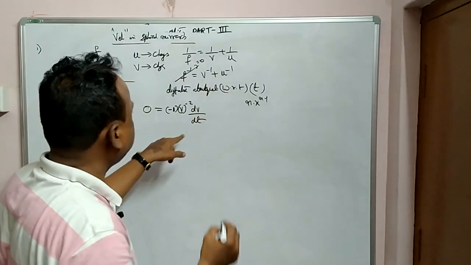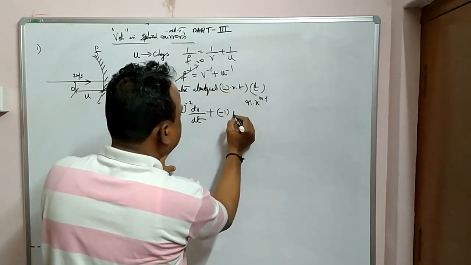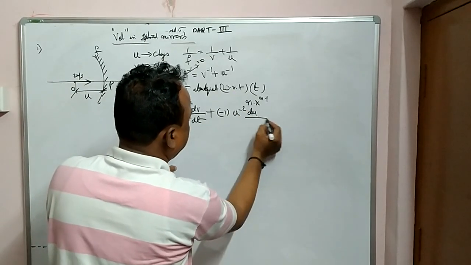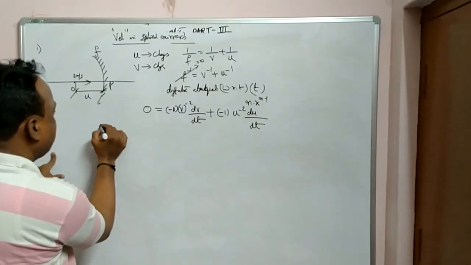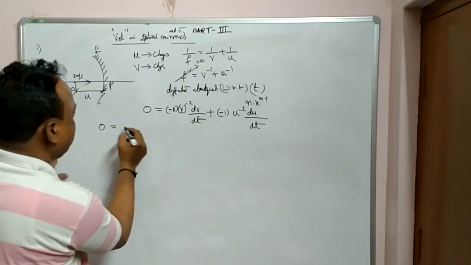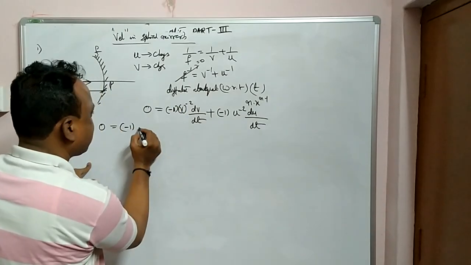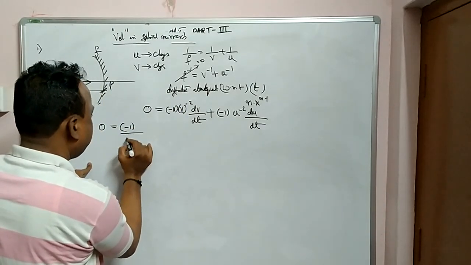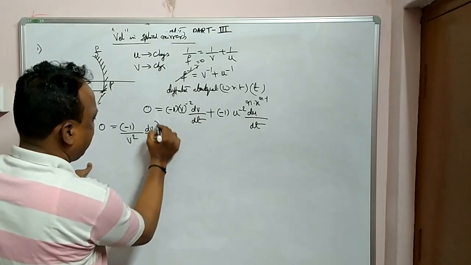Because u and v is changing. Alage plus n into x power n minus 1 into du by dt. Clear? Now I will try to expand this one. 0 is equal to ఇది minus 1, ఇది v power minus 2 కిందకు వచ్చేస్తుంది. That is, I will write it as v square dv by dt.